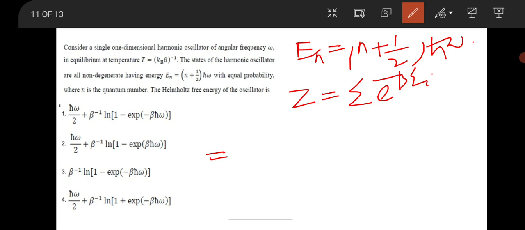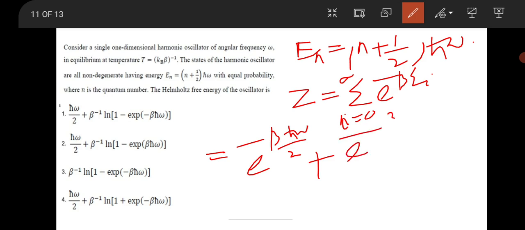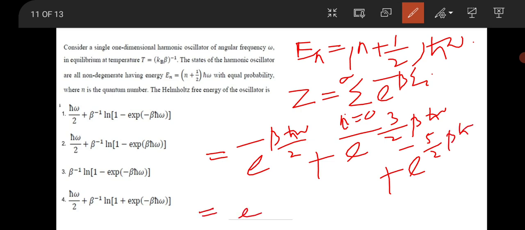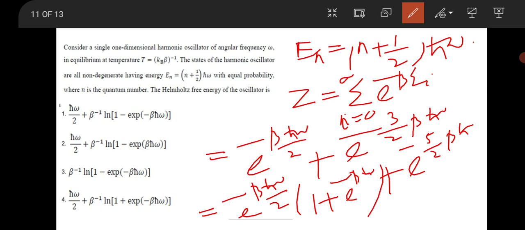So for n equal to 0 to infinity, it will be e to the power minus beta h-bar omega by 2, plus e to the power minus 3/2 beta h-bar omega, similarly, if you extend it, minus 5/2 beta h-bar omega. If you take e to the power minus beta h-bar omega by 2 common, it will be 1 plus e to the power minus beta h-bar omega.